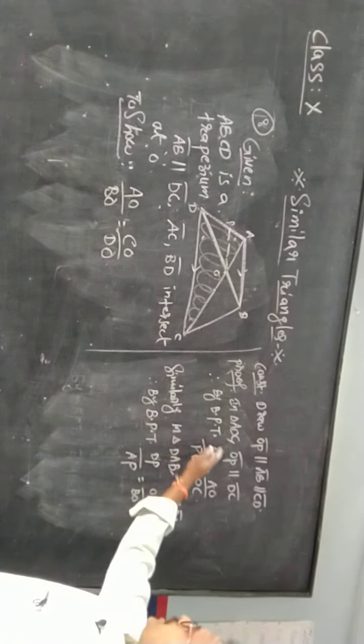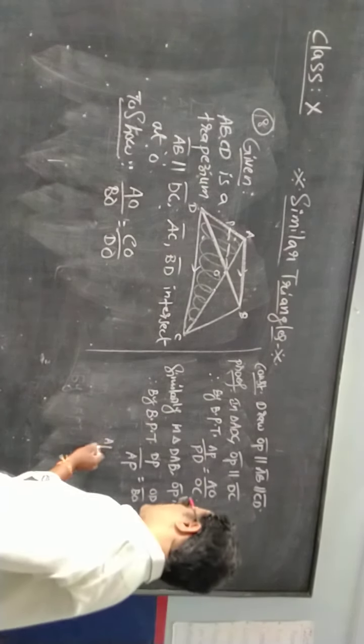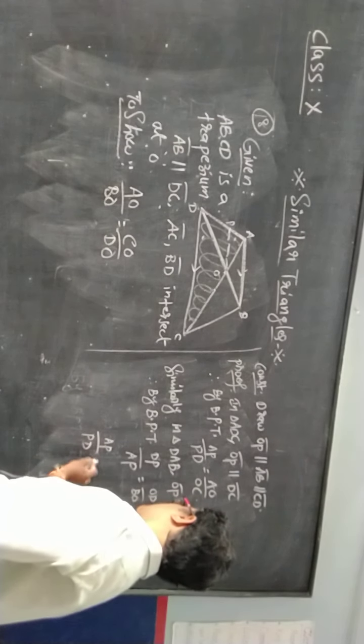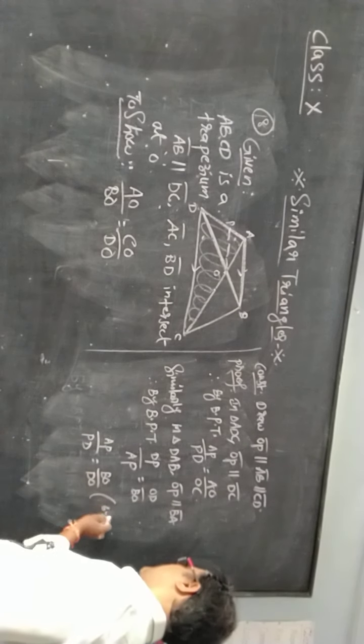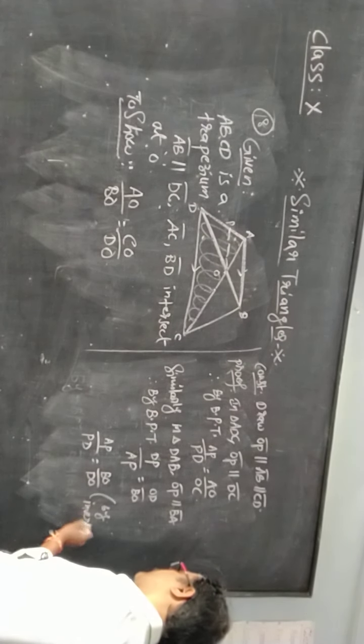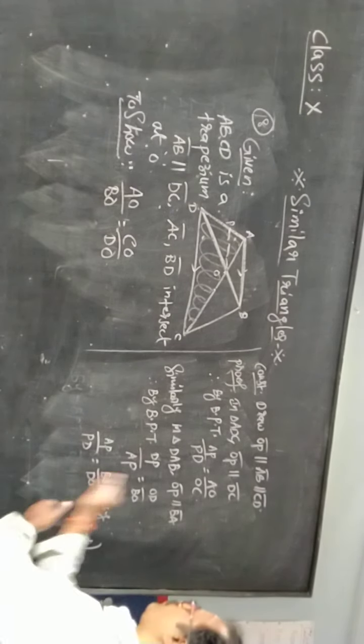But now here we have AP by PD. So we want this one to invert. So AP by PD is equal to BO by DO, by invertendo. Is it clear?